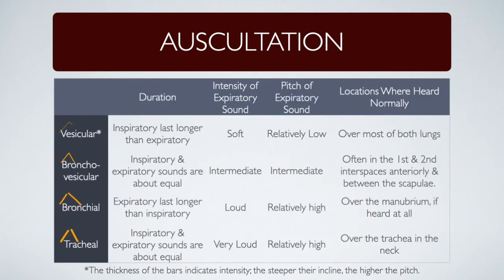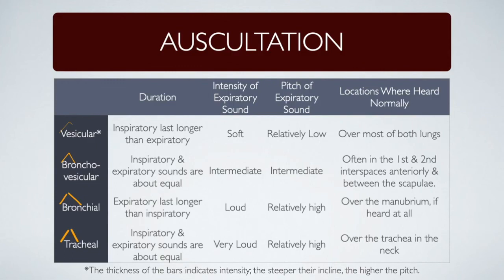And so in this table, we explore the different normal breath sounds. You have vesicular breath sounds, bronchovesicular breath sounds, bronchial breath sounds, and tracheal breath sounds. The tracheal and the bronchial breath sounds are best appreciated with the larger bore airways. So more central, more superior, over the trachea in the neck for tracheal and over the manubrium for bronchial breath sounds.